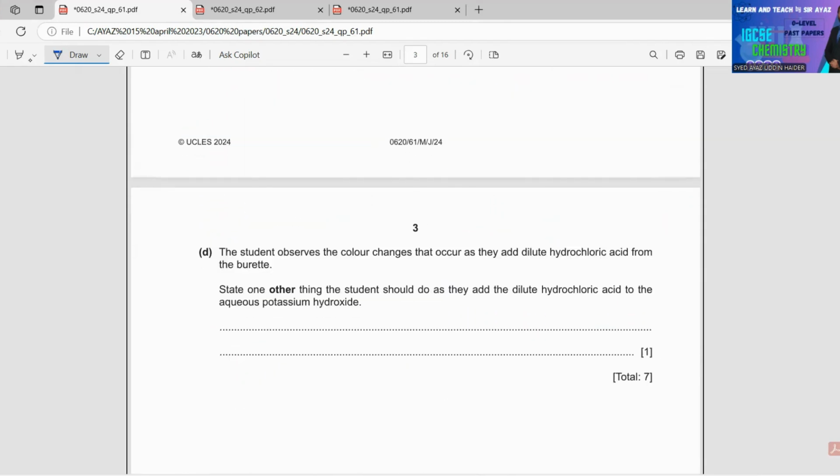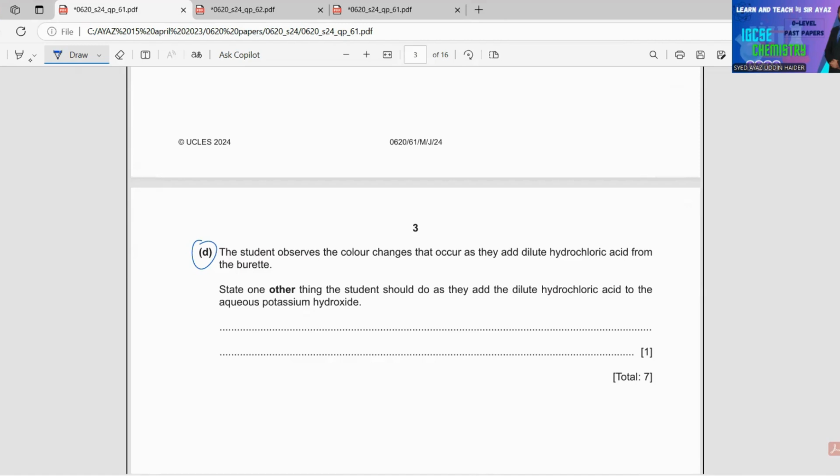Moving to the next part, which is part D here. The student observes the color changes that occur as they add dilute hydrochloric acid from the burette. State one other thing the student should do as they add the dilute hydrochloric acid to the aqueous potassium hydroxide.